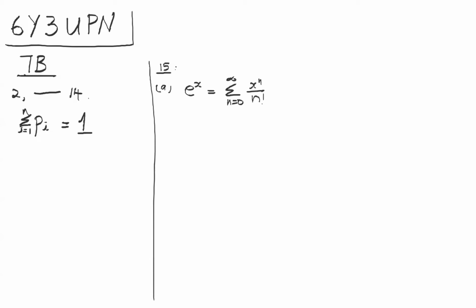So if I have e to the power of 3, this will be the sum of n equal to 0 to infinity of 3 to the power n over n factorial. Are you clear? So if I see this, I can replace with this. That is what they are trying to tell you.